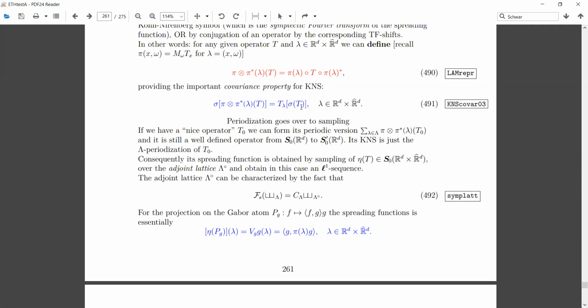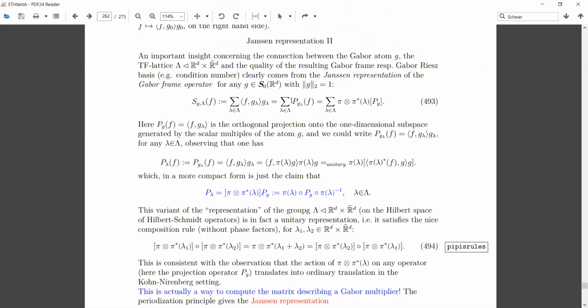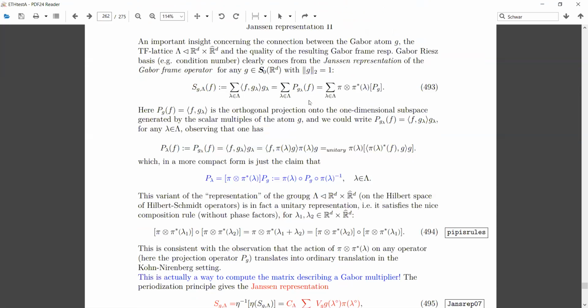So in the Kohn-Nirenberg symbol, I'm just periodizing a bump function. And we have seen in the discussion of Poisson's formula that periodizing a function means just sampling on the Fourier transform side. So this is one of the important points that I would like to tell you.